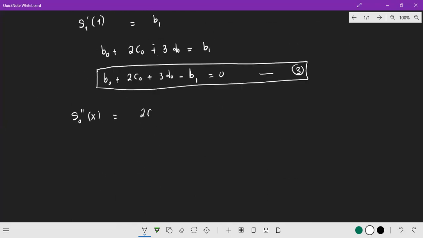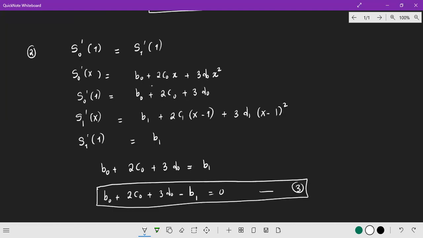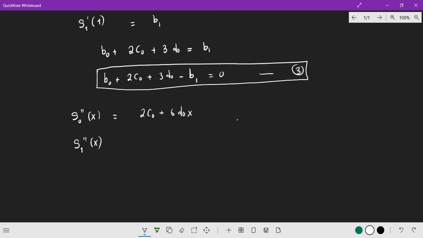And then for S1 double prime, differentiate S1 for the second time. So b1 will disappear, and we just have 2c1 plus 6d1 times (x minus 1).